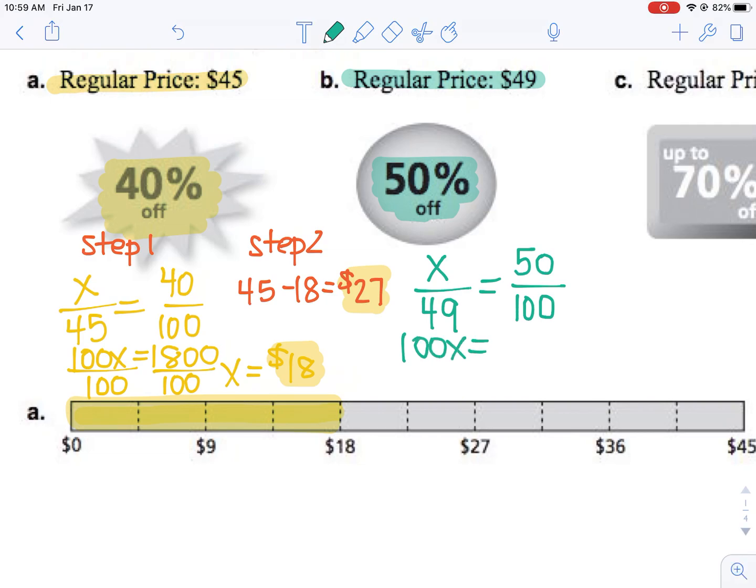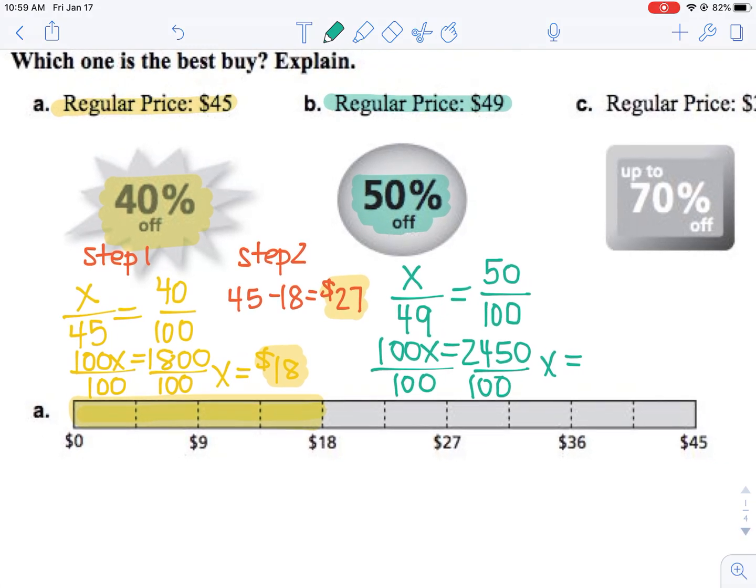Cross multiply. We divide. Remembering that dollars and cents cannot be written without adding that 0 on the end.